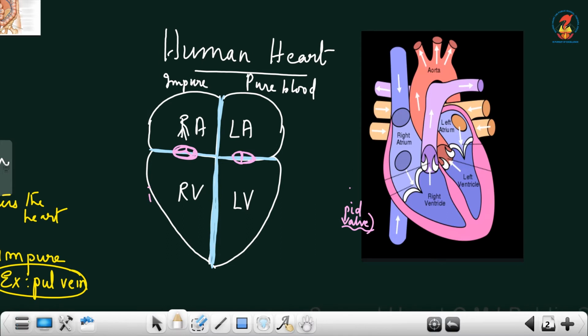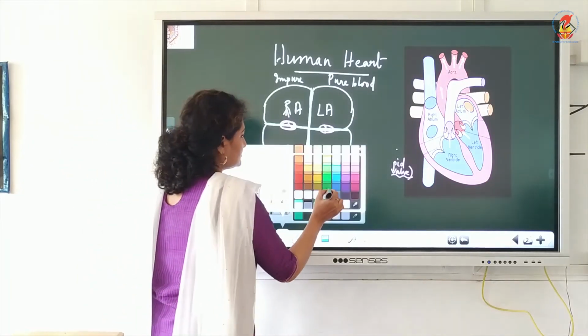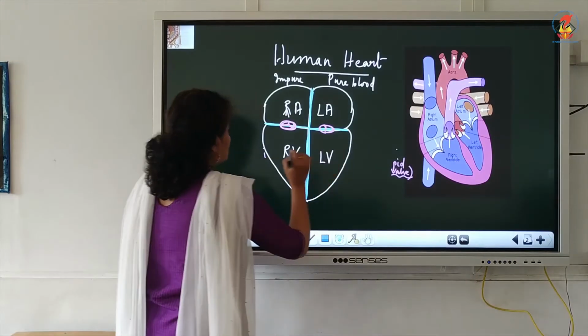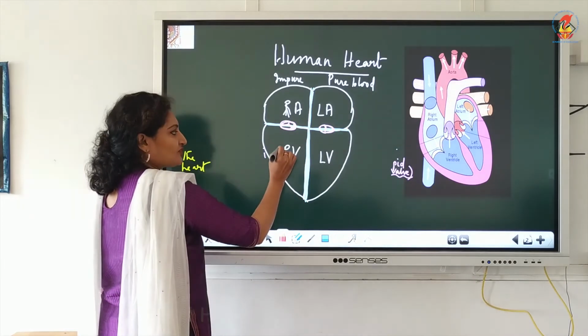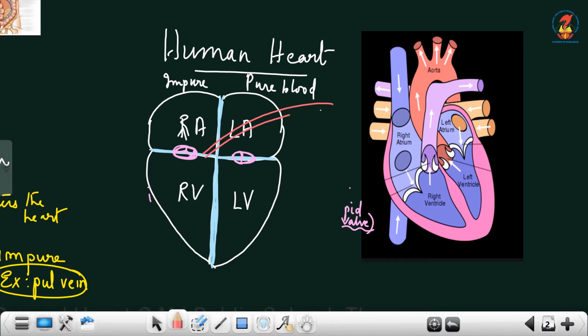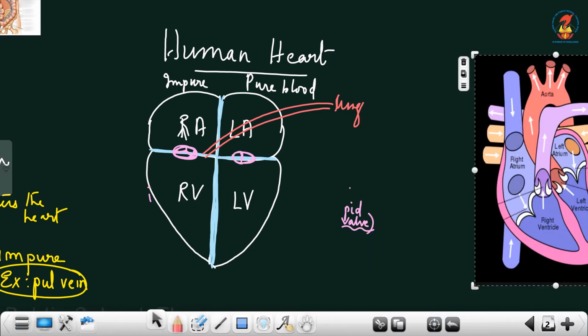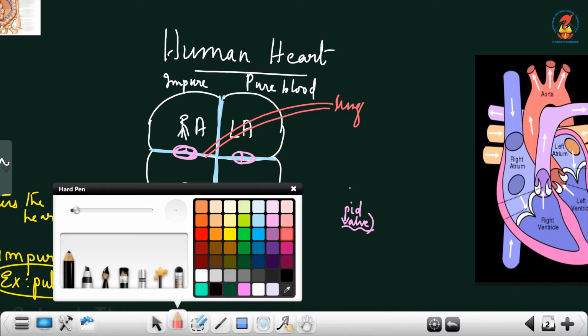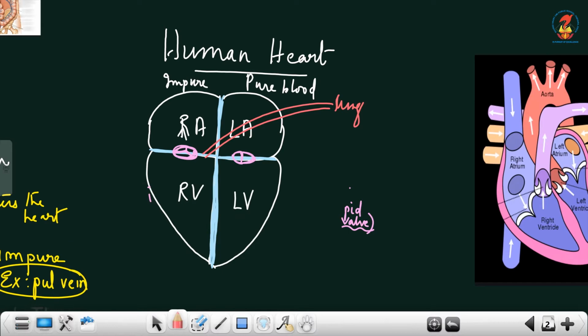I am going to draw arteries in pink color. So, we have the artery that arises from the right ventricle to the lungs. That artery is called the pulmonary artery. And the artery that arises from the left ventricle to the different tissues is called the aorta.